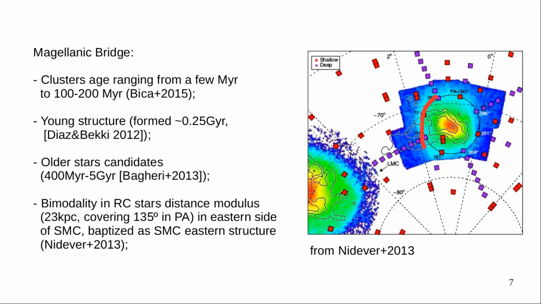However, Bagheri et al. listed candidates for old stars in the bridge, mainly as debris from a recent LMC-SMC interaction. Also, neither present a bimodality in red clump stars. In the eastern SMC fields, here highlighted by a solid red line in the figure on the right, they sampled the SMC stars in the Magellanic Clouds Panoramic Survey.